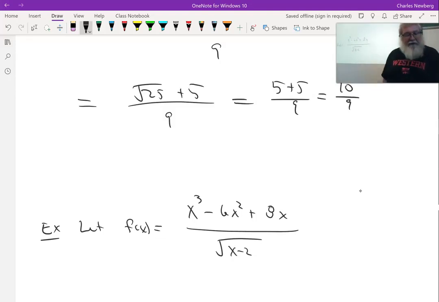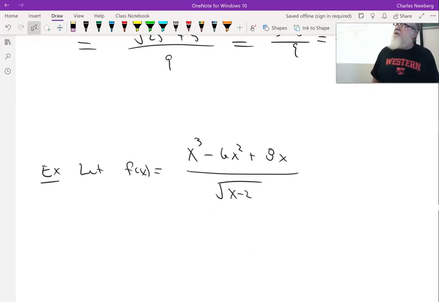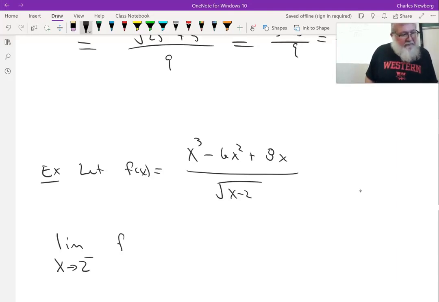And let's start off by looking at some one-sided limits. What's the most interesting x value we might be interested in? 2, right? So let's start off with looking at the limit as x approaches 2 from the negative side of f of x.